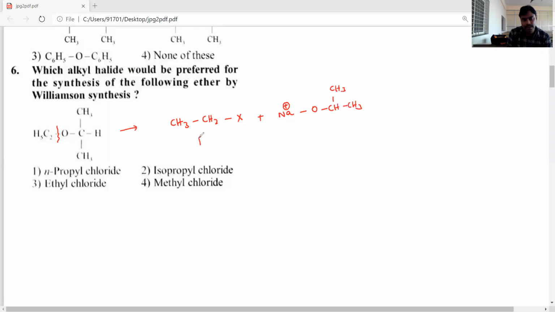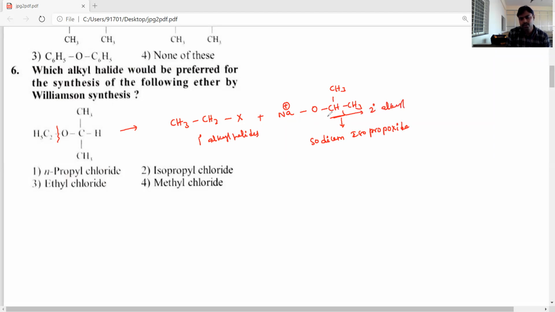It is a primary alkyl halide. It is a secondary, meaning sodium isopropoxide. It is a secondary alkyl group.